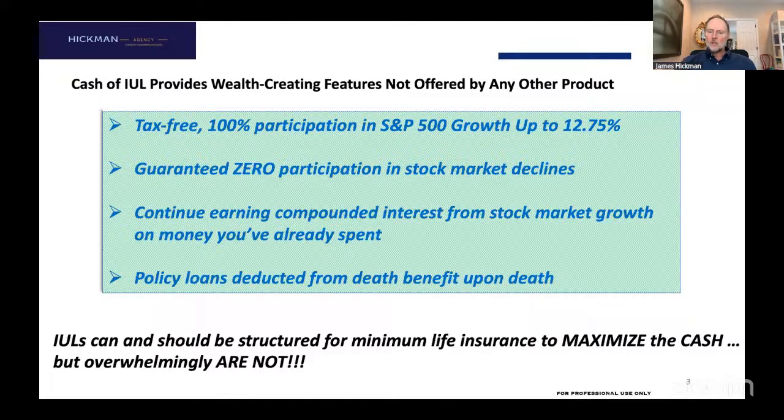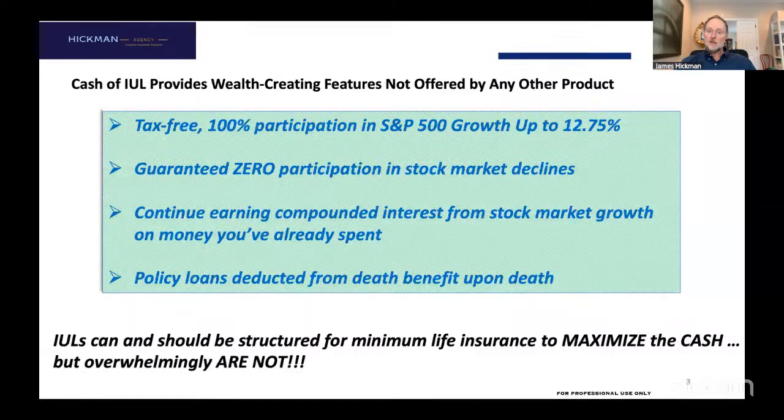The way an IUL should be structured, in my opinion, is for minimum life insurance under the IRS guidelines: minimum life insurance for the amount of money you put in at your age and your health profile. What's the lowest amount of life insurance we can get away with in this plan and still preserve our tax-free withdrawal benefits? That's the way we ensure as much of your money going in goes into the cash portion of your plan as we possibly can get away with. That's the key to the structure.